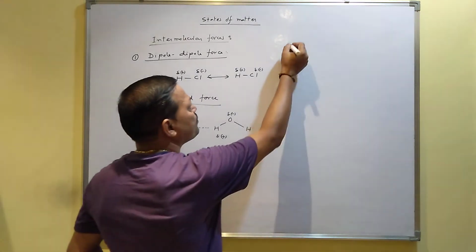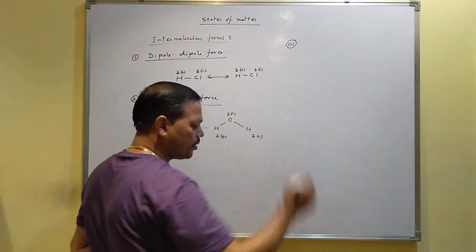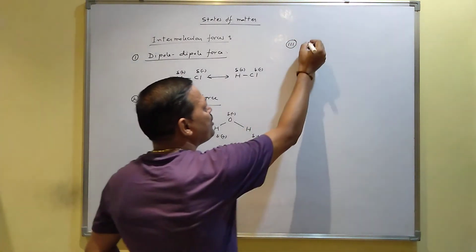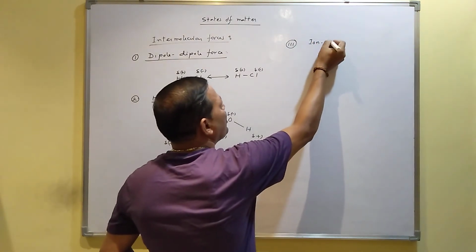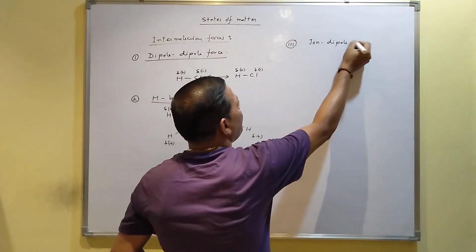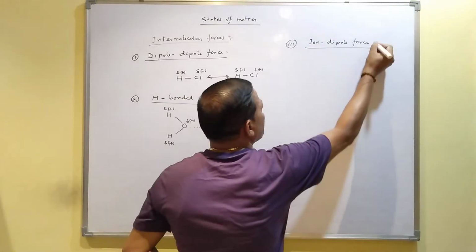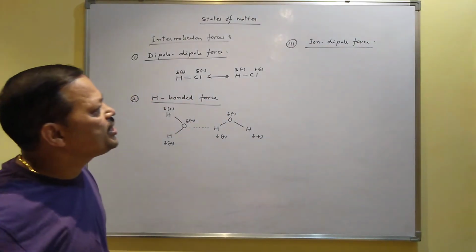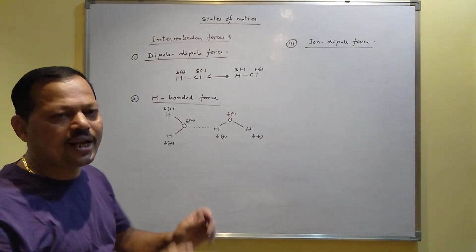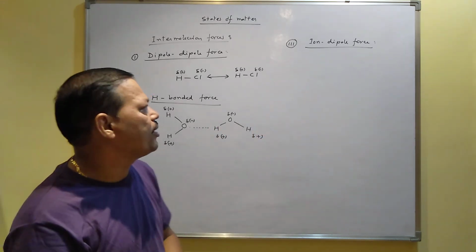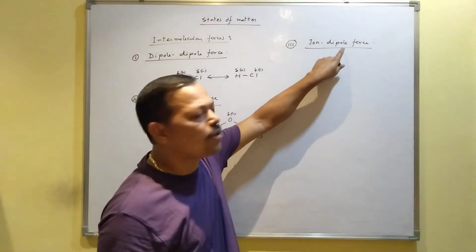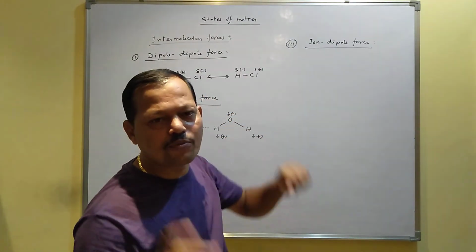Number 3, another force, that force is called ion dipole force. So what is ion dipole force? Actually this type of force exists in between an ion and a polar molecule. So dipole means you have to take one polar molecule, and ion means you have to take one ion.